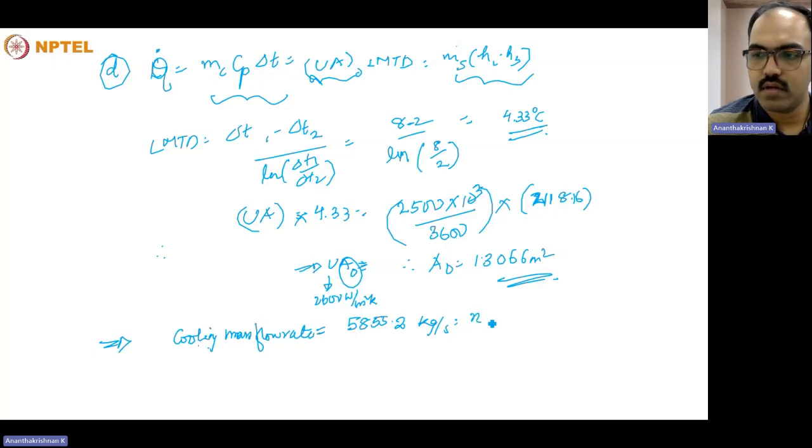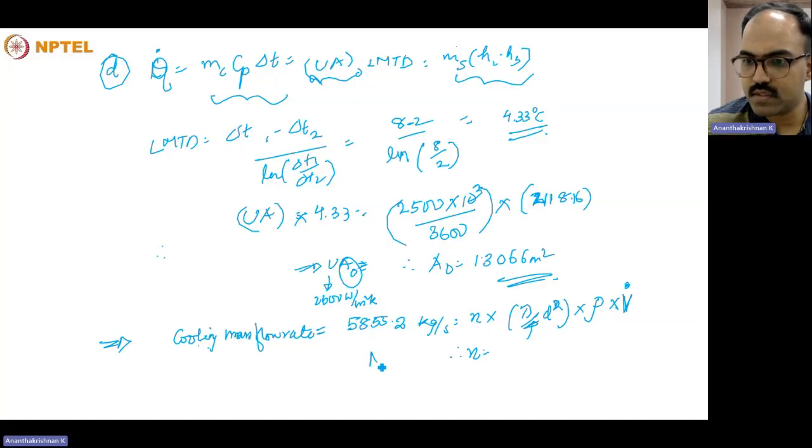That will be equal to the number of tubes multiplied by the cross-section area of the tube, into the density, into the volume flow rate. Therefore, the number of tubes. This is one of the crucial parameters to determine the actual length of an individual tube. So the number of tubes will be just divided. We'll get it as 7898.